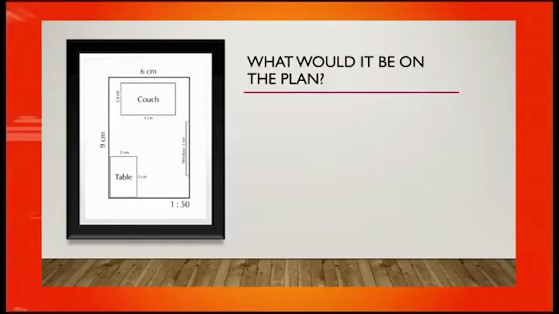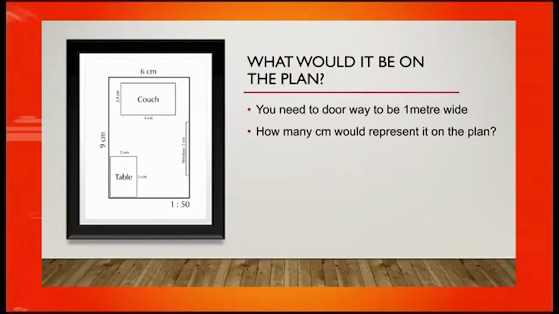Here we go again. You need the doorway to be 1 meter wide. What is 1 meter? 1 meter would be 100 centimeter. All right, great. So 1 meter is equal to 100 centimeters. That's the first point. You know the scale is 1 to 50, so it means 1 centimeter to 50 centimeters. 100 centimeter is pretty much twice 50, right? 2 times 50.